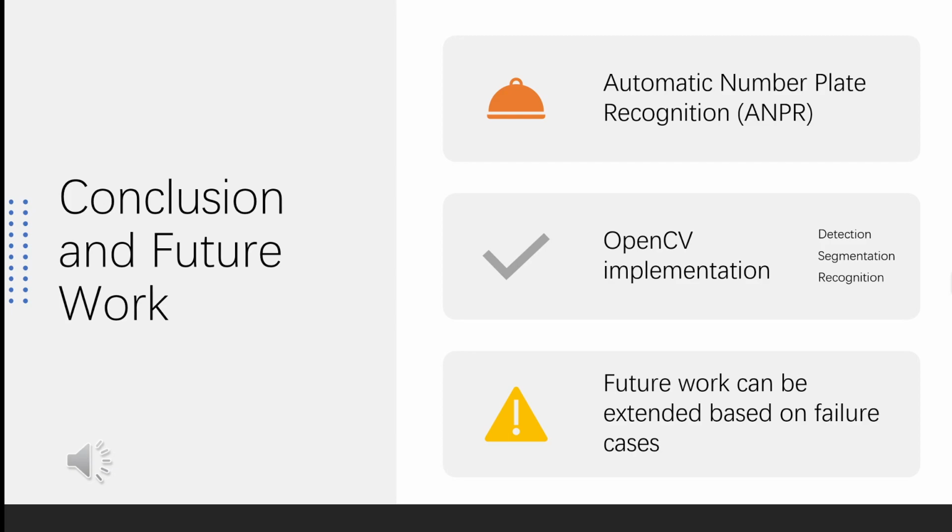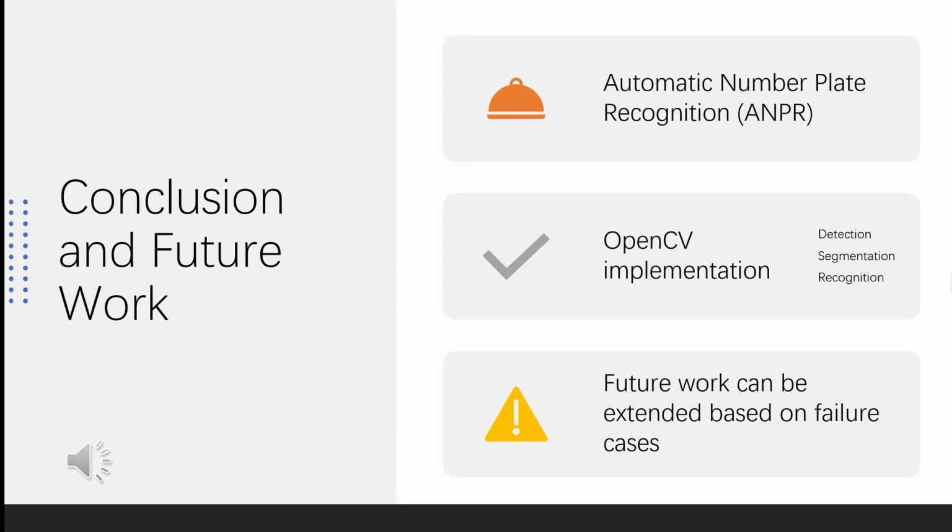The purpose of this step is to keep only the useful part of the image for the last step. The third step is character recognition. In this step, the application will take the output of the previous step, a picture with only the license plate, as the input, and finally output the characters of the license plate in text form.